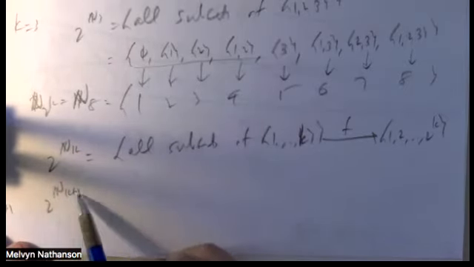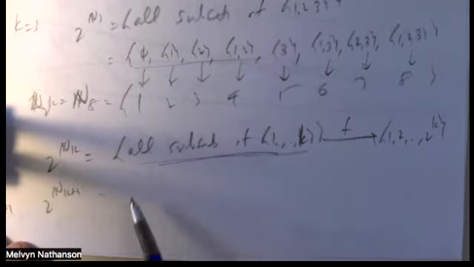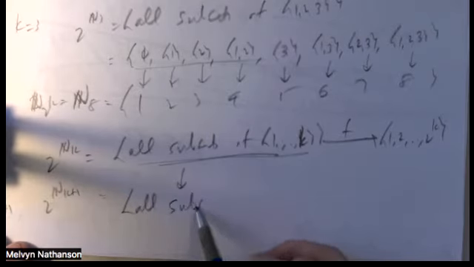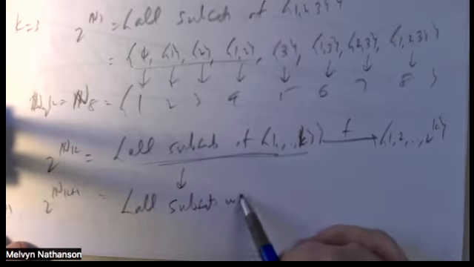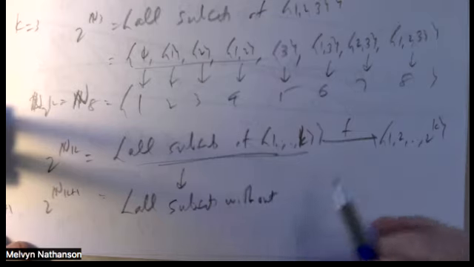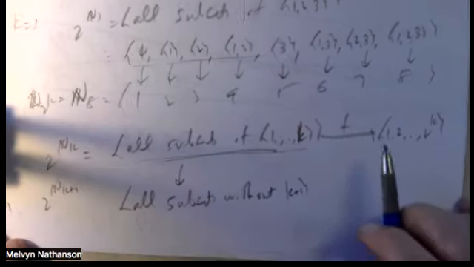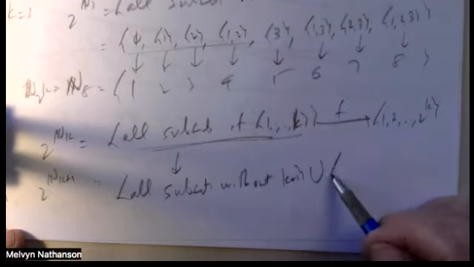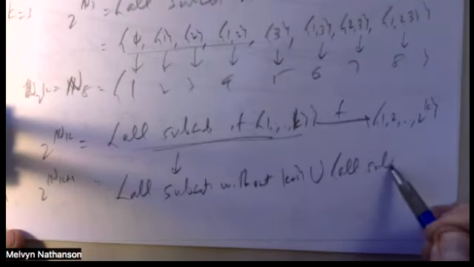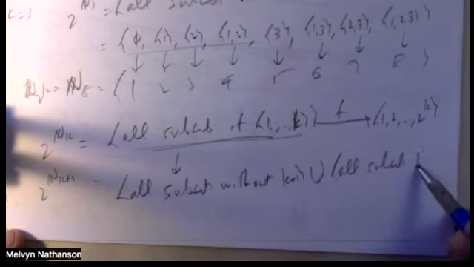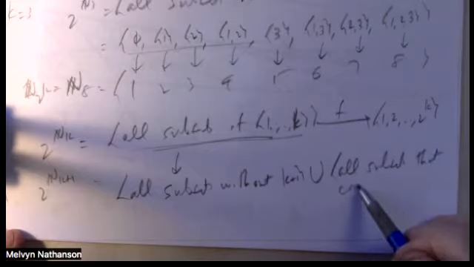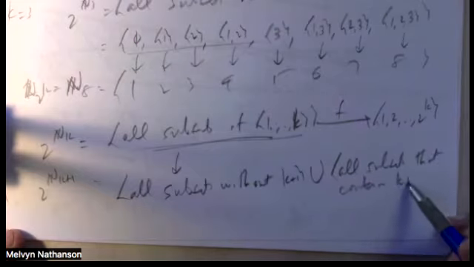So 2 to the nk plus 1 is equal to all subsets that don't contain k plus 1, union with all subsets that contain k plus 1.